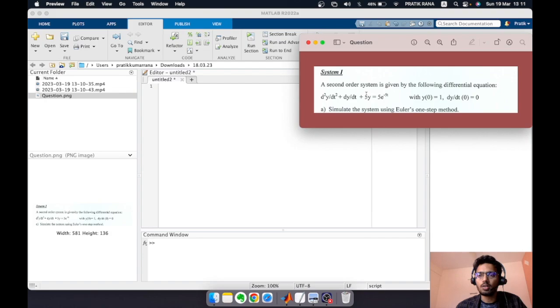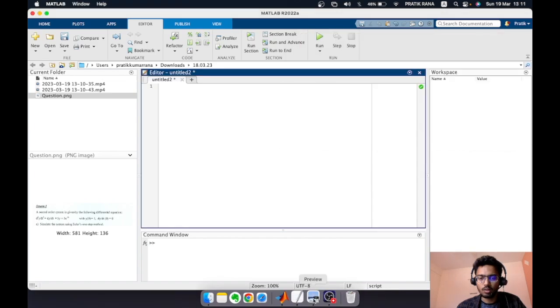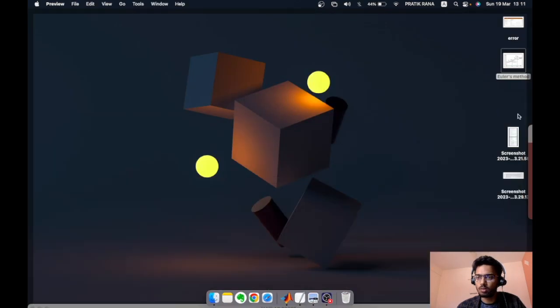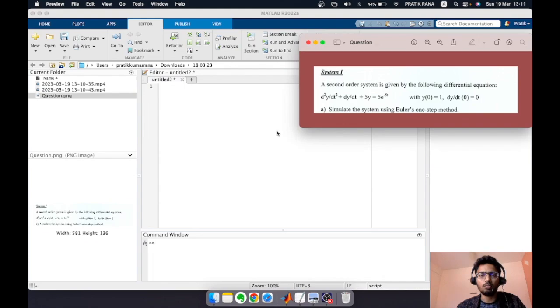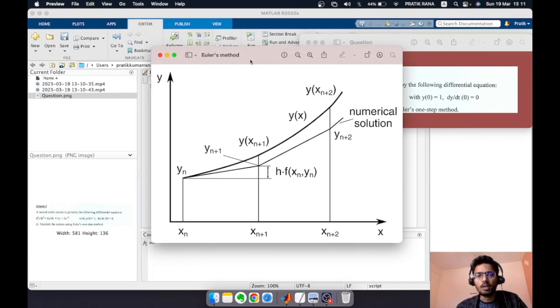So before moving on to the solution, just a brief info about Euler's method. Let's suppose we have this particular curve y, which is the solution of the differential equation. We have the time steps on the x-axis and the value of y on the y-axis.